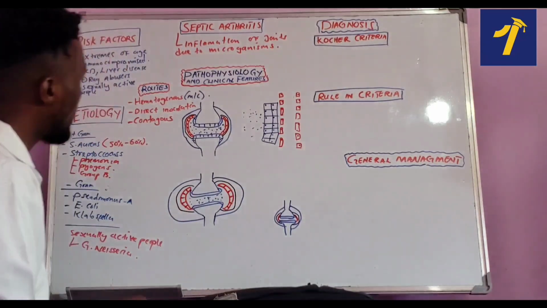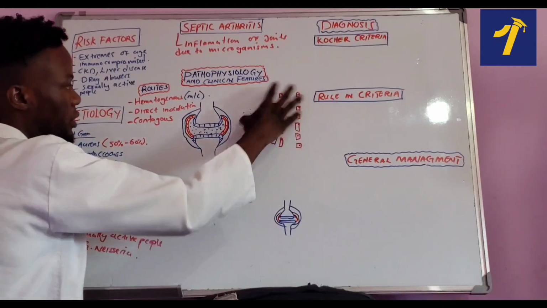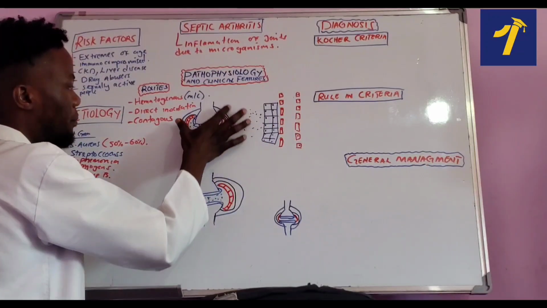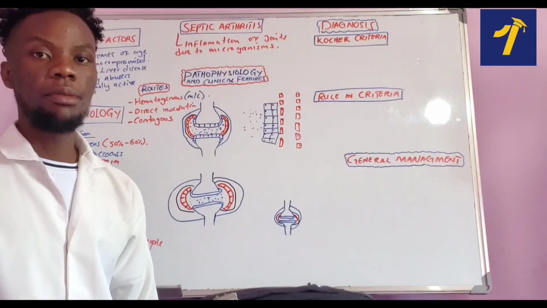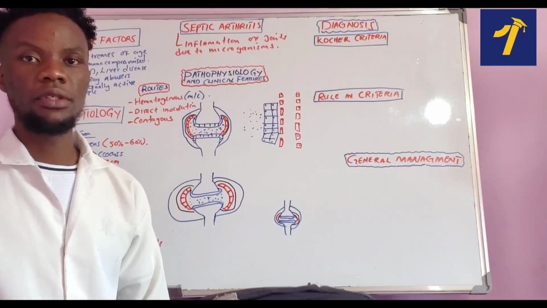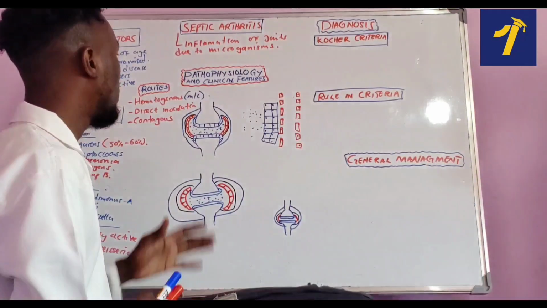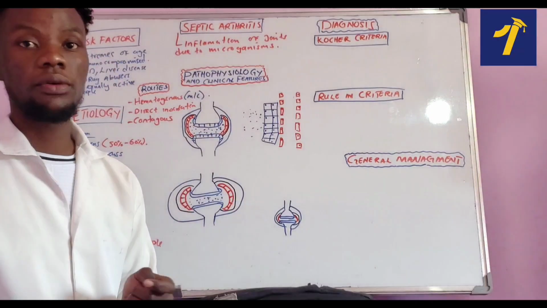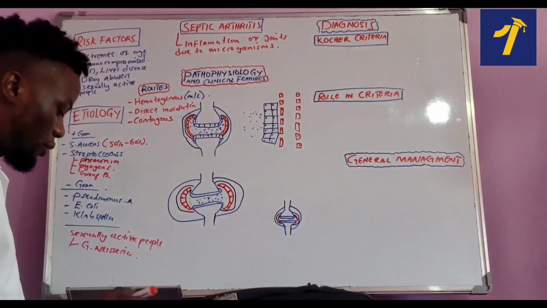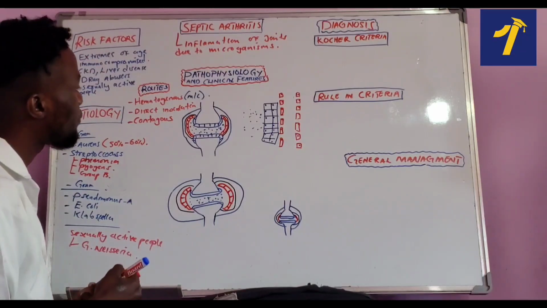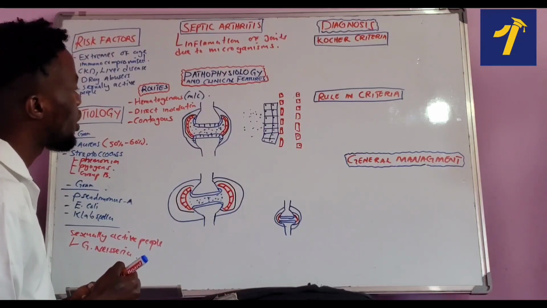Okay, so before I go to this diagram, let us understand the basic anatomy of the joint, because remember, if you don't know the basic anatomy of the joint, it will be very difficult for you to understand the pathophysiology. All right? Let us try to remember the basic anatomy of this joint.